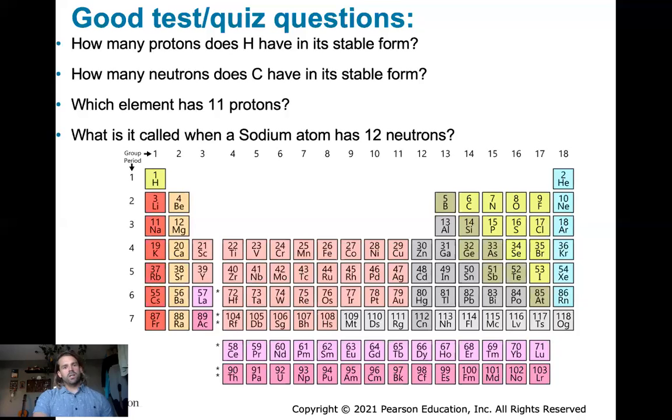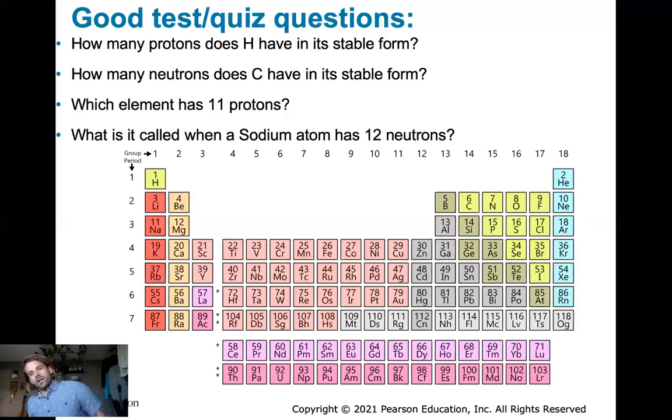Now, going to this topic of isotopes, what is it called when a sodium atom has 12 neutrons? We know sodium should have 11 neutrons, right? But if it has an extra one, what is that called? It's called an isotope, right? A sodium isotope. And you would add the total number of nucleic particles, 11 protons and 12 neutrons, to get, what would that be? Sodium 23, okay?